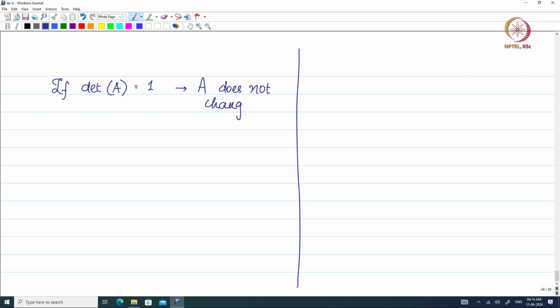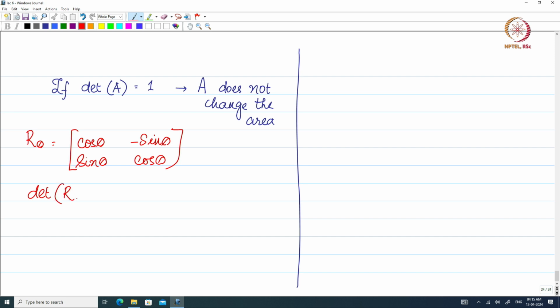Where did we see this? Let's quickly revisit our rotation matrix R theta. R theta was cos theta sin theta, minus sin theta cos theta. Now what is the determinant of R theta? We just saw that the determinant is the product of the diagonal terms minus the product of the off diagonal terms.